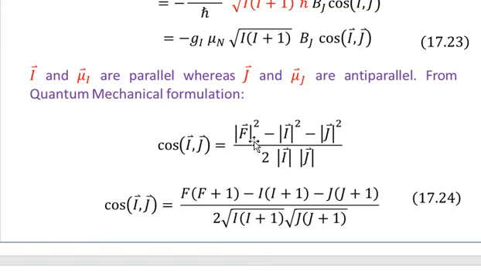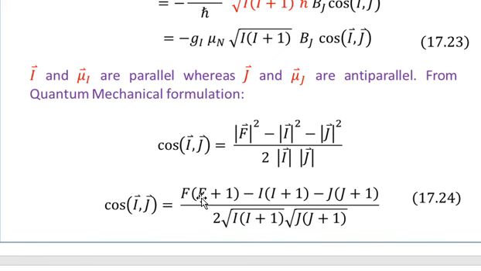And if you put the values of the squares of the magnitudes of F, I and j as F into F plus 1 into h bar square, plus I into I plus 1 into h bar square, minus j into j plus 1 into h bar square, and h bar square also appears in the denominator, which you can cancel out. Then the simple relationship, that is the cos of the angle between I and j, is determined by these quantum numbers.